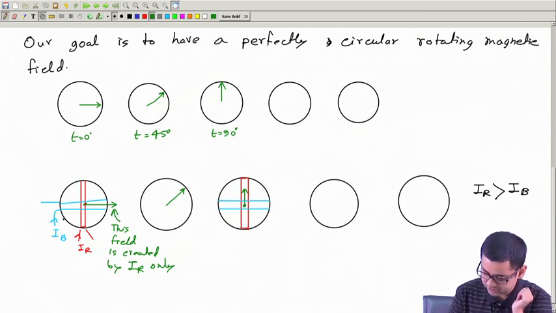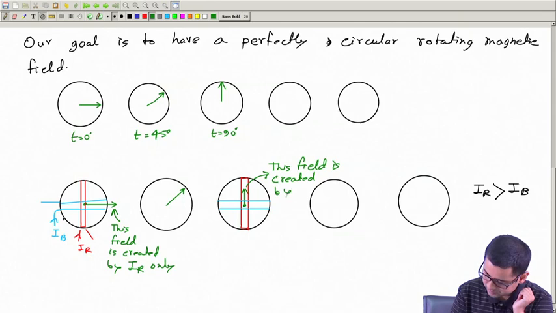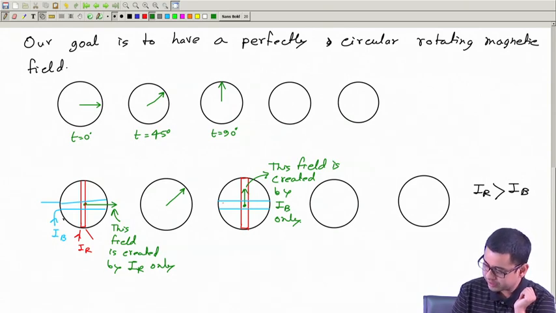So this field is created by IB only. So the value of this field will depend only on the magnitude of IB, and the value of this field will depend on the magnitude of IR. If IR is stronger than IB, we will have this field smaller than this field.